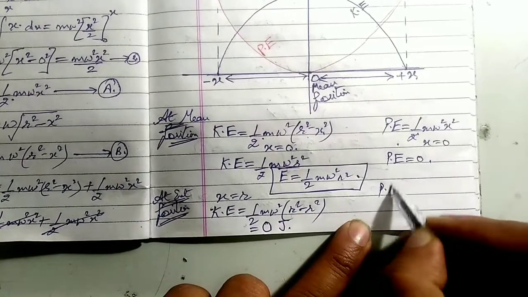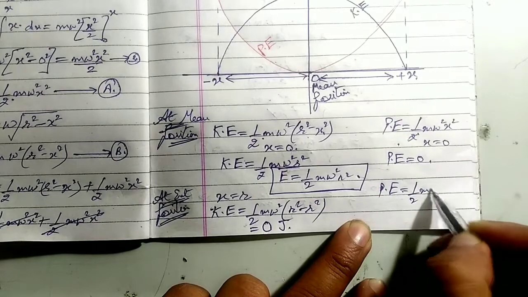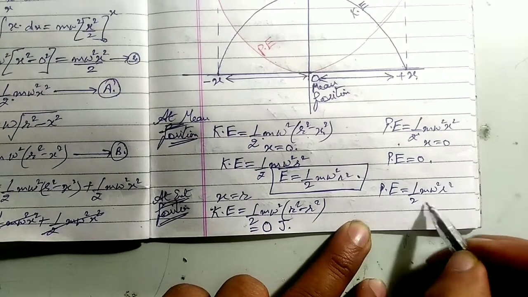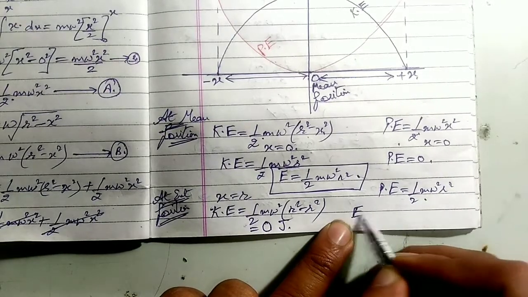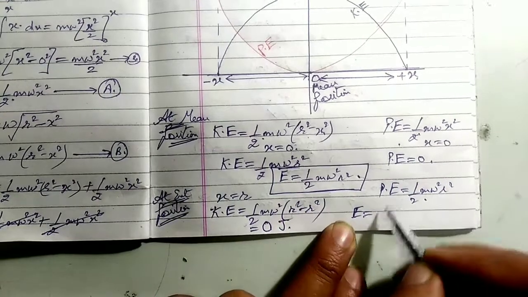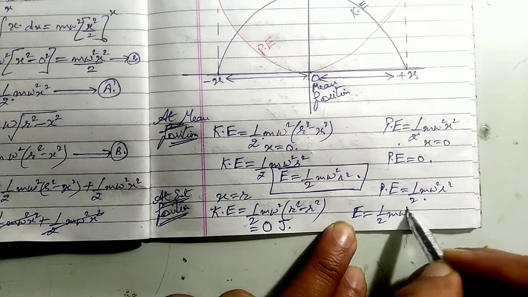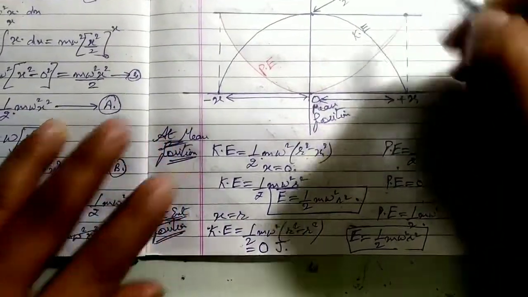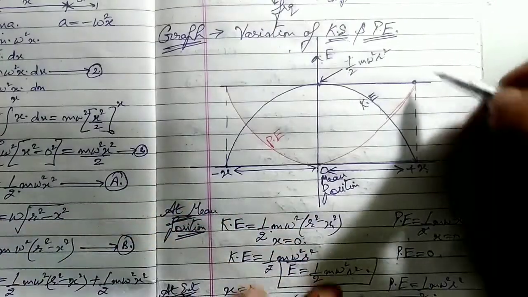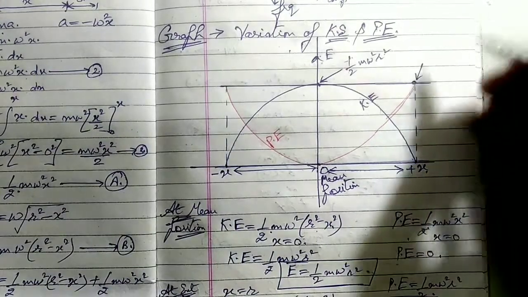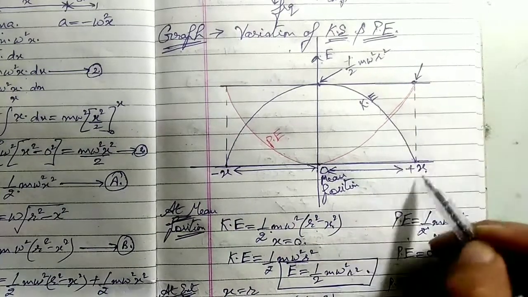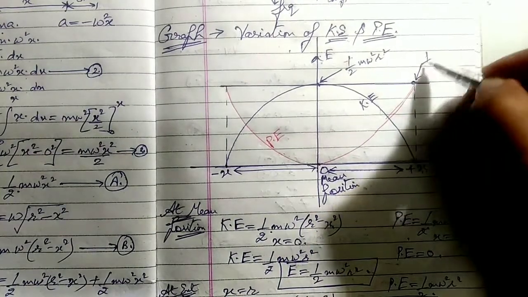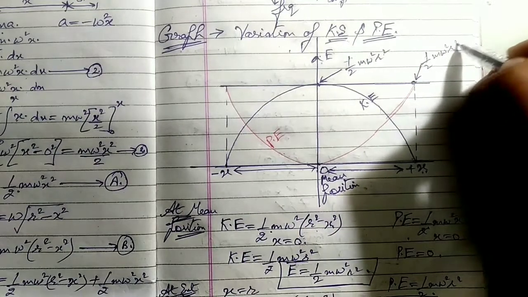But potential energy is equal to half m omega square r square. So we are getting total energy at the extreme position, that is half m omega square r square. So we can write here the potential energy at this point, that is the extreme position, half m omega square r square.